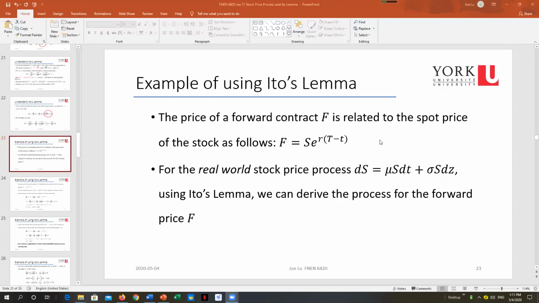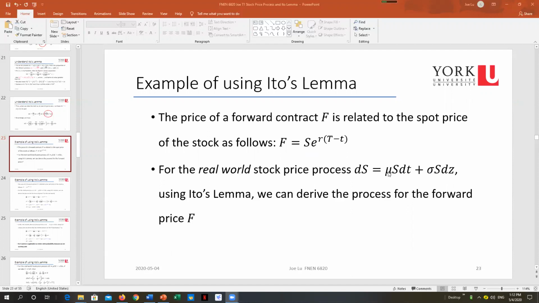So essentially, F is a function of S, which is the spot price of the stock, and follows an Ito process. We talked about earlier that a sensible way to model S is with a stochastic process, dS equal to mu S dt plus sigma S dz.